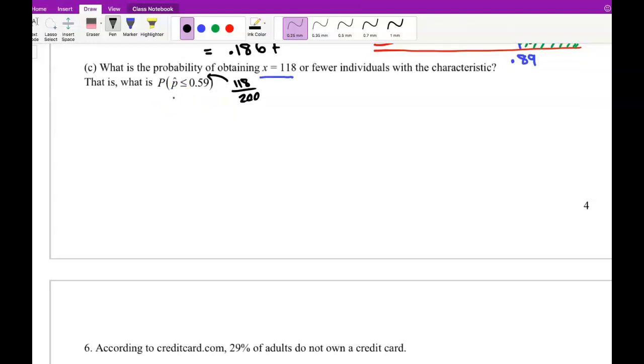So again, convert to a z-score. So z is equal to p hat minus p divided by the standard deviation.